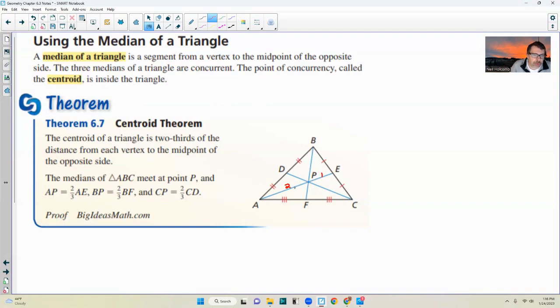Therefore, AP is 2 out of the total 3, and so it's 2/3 of the whole thing, AE. So AE is 3, AP is 2/3 of 3, and PE is therefore 1/3 of AE. All right, so that works for all 3 of them. So it's a 2-to-1 ratio, if you will, 2/3. Okay, so we're going to use that in example 1.